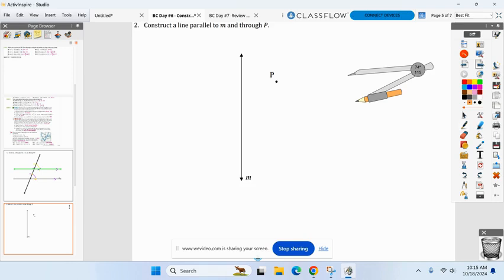Alright, so make sure it's the same. When you do this, you gotta go up to point B and do the same one. Then you come back. Alright, so the first arc up here. Now you want to take the. Alright, I got it.